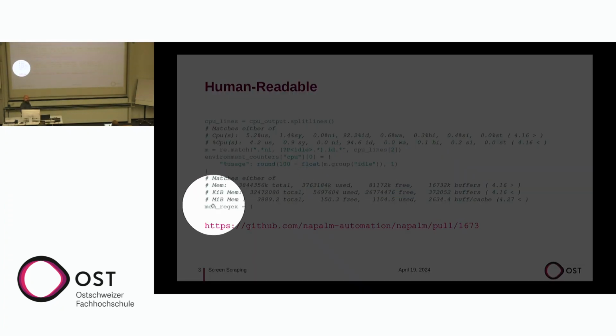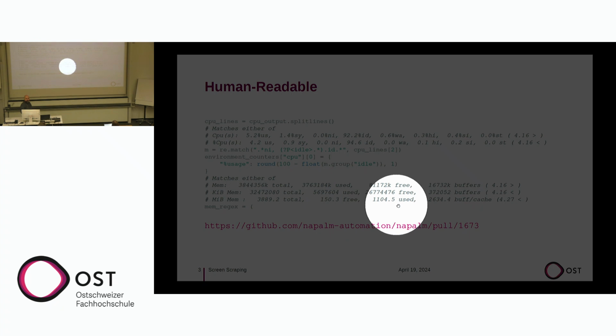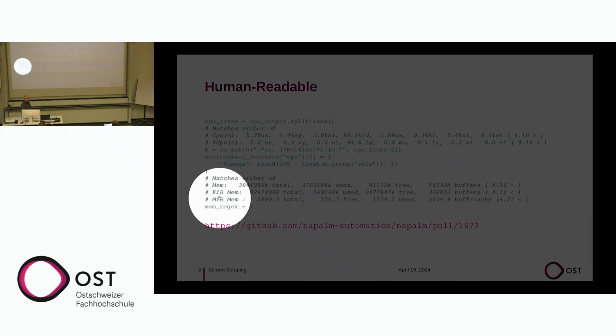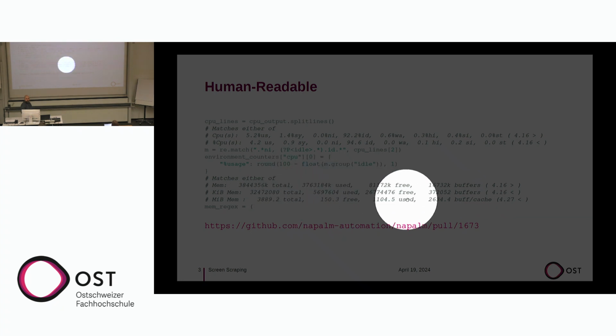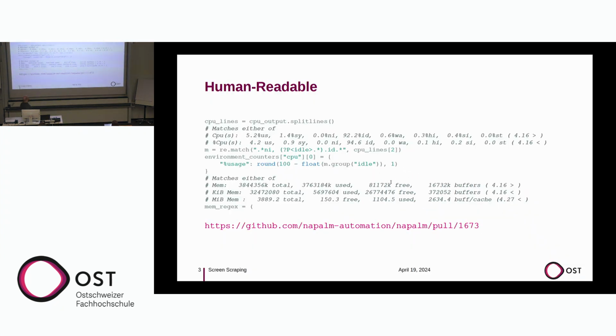In this pull request, this line here is actually the change. Before, we had 2 different formats, which could be with kilo or without, and we had used and free. Now on the newer versions we have it with mega, and the free and the used are switched. So we now have a float and not an integer.